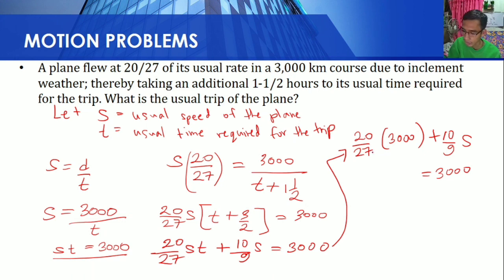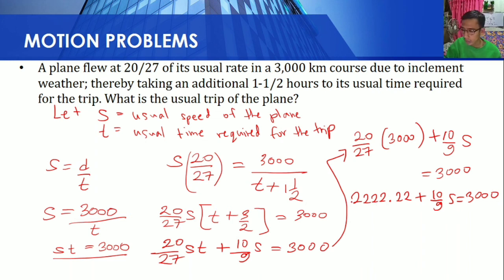So, let's simplify. 20/27 times 3,000 is 2,222.22, plus 10/9 S is equal to 3,000.